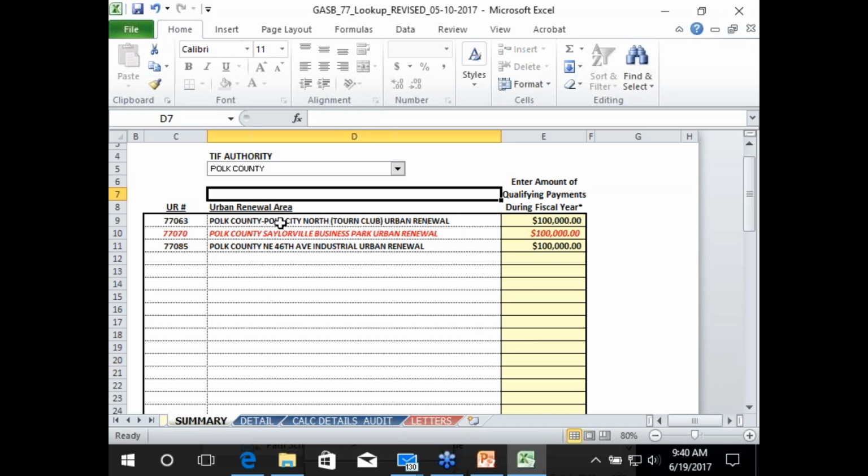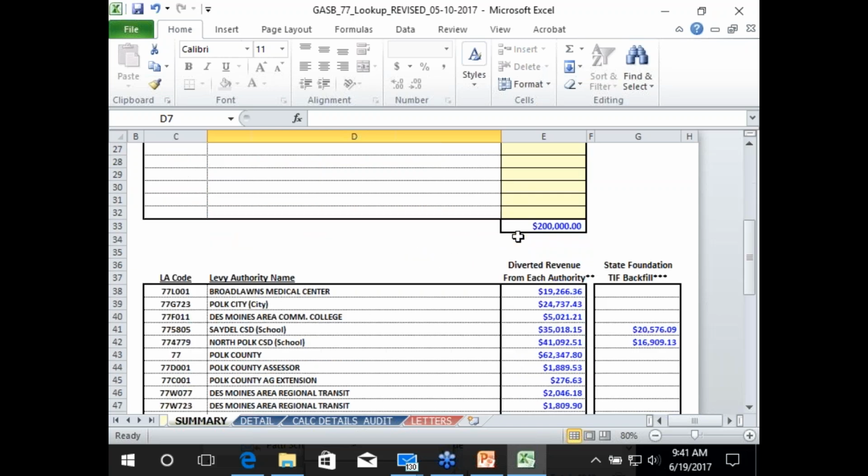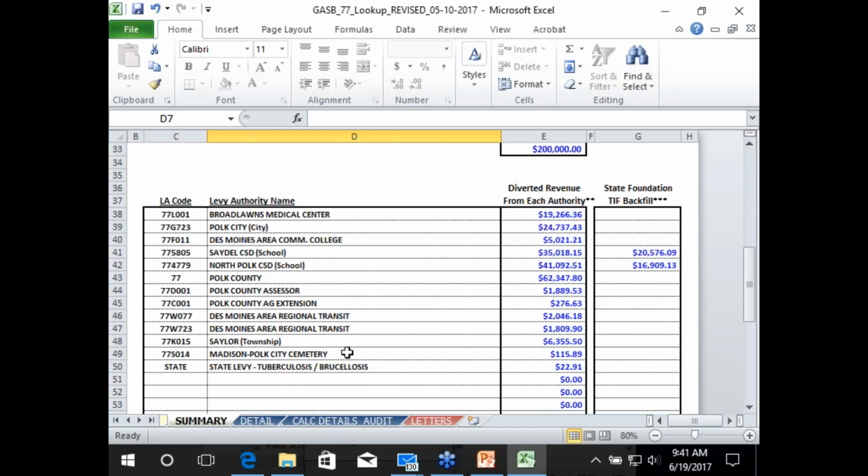And Polk County has 3 TIFs. And again, you'll see that there are 2 that had current year division of revenue, and there's 1 that didn't have any. And we can go down below and see if any of those impacted the Ankeny School District. None of those impacted the Ankeny School District, so we don't have to worry about that.